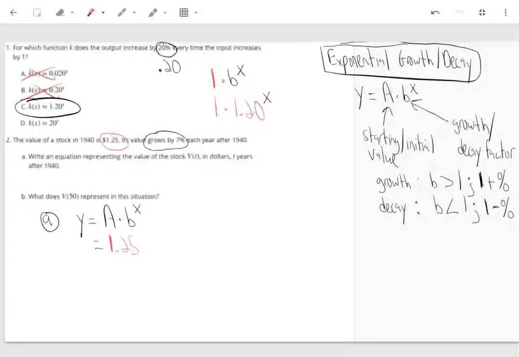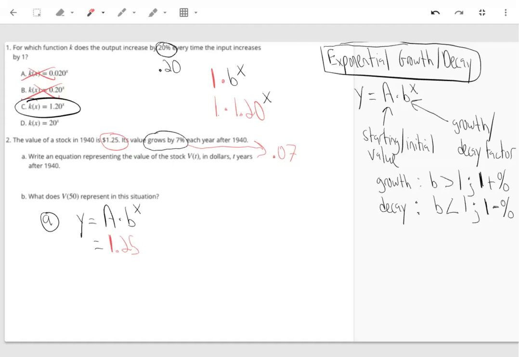Okay. My B value: first of all, 7% as a decimal is 0.07. Because we're increasing by a percentage, that means this is exponential growth, which means, as it says here, my B value has to be greater than 1, and my growth factor is going to be 1 plus the percentage.